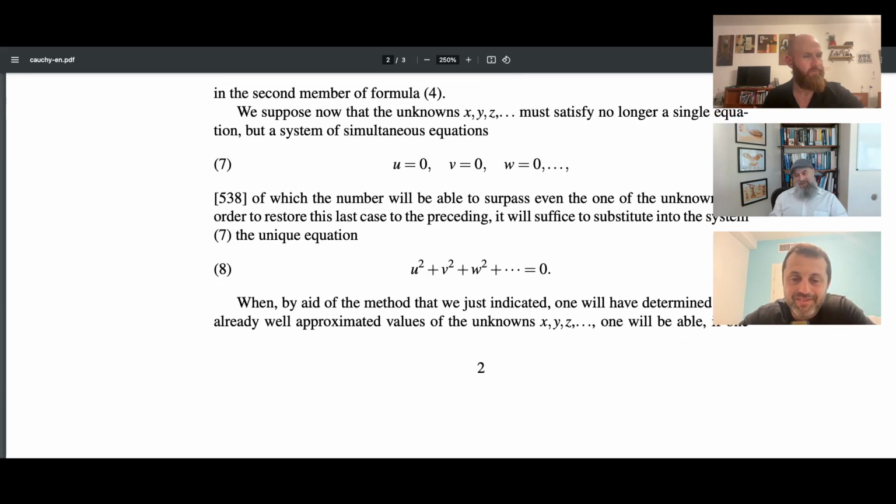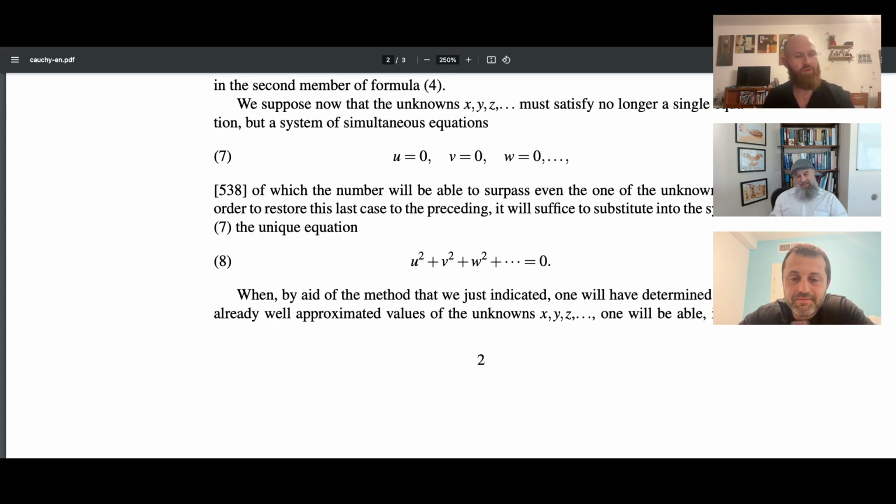Yeah. And here is an important part. He says now, let's say we solve the one equation u equals 0 using this gradient descent. But now what happens if we have a few different equations?